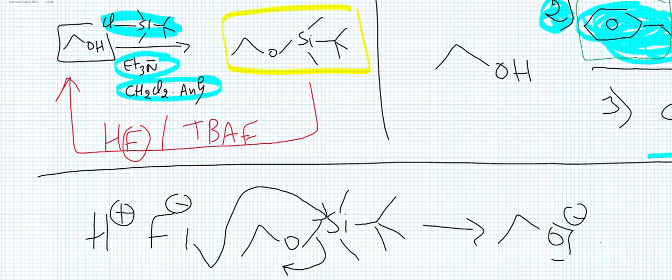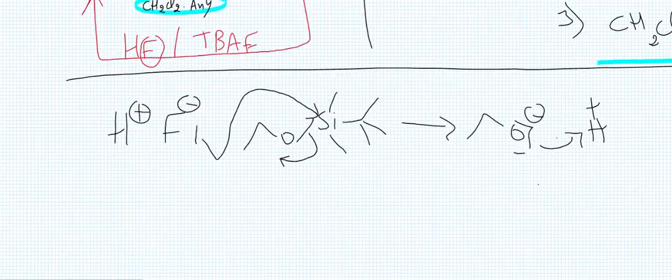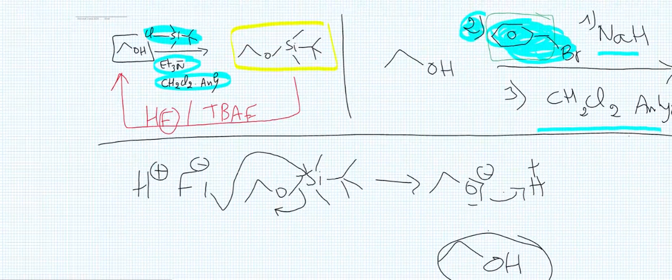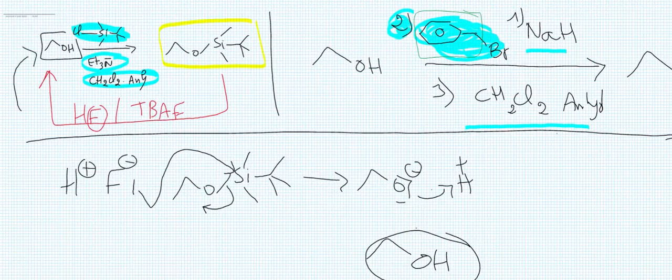So we have a hydrogen, then we're going to grab it. This alcohol is going to grab a hydrogen, you can say hydrolysis, and we form the alcohol. So we go back to the first molecule, this one.